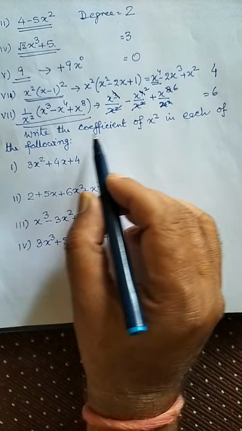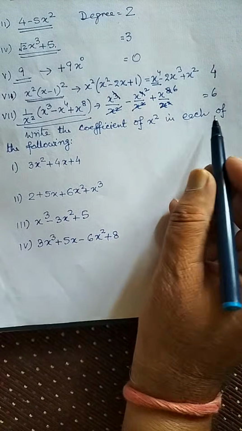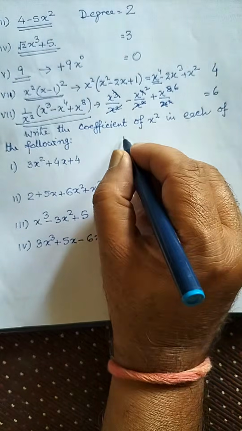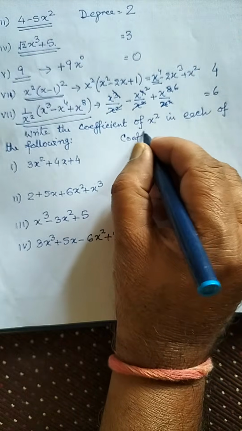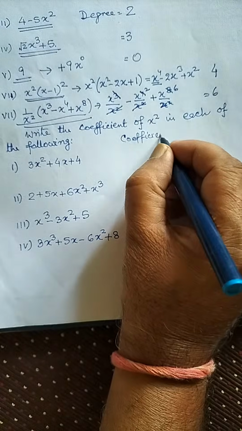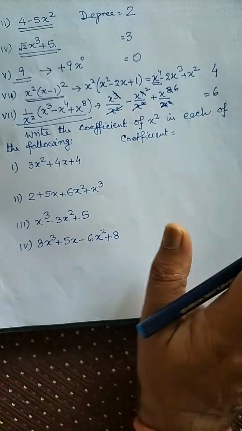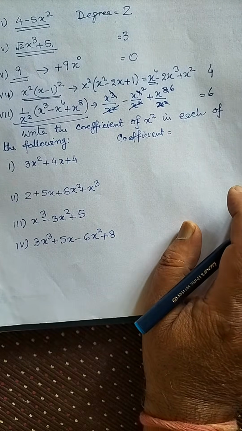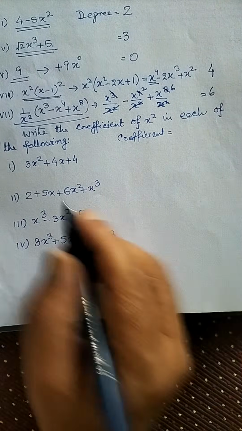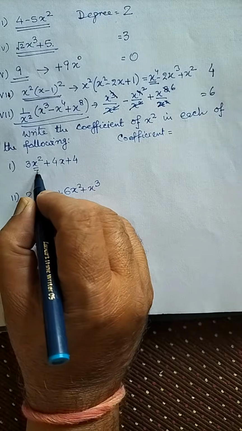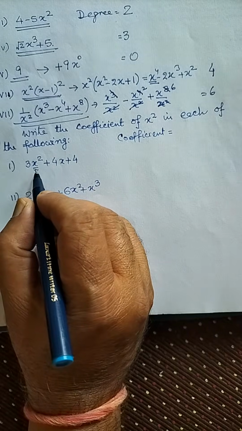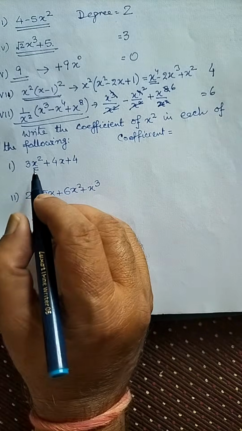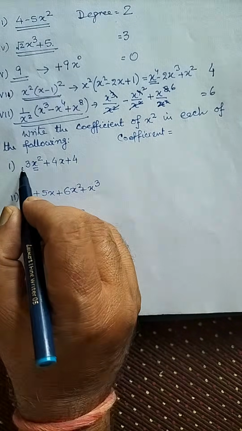Now write the coefficient of x square in each of the following. What do we mean by the coefficient? Coefficient is the numerical part associated with the variable. Okay, that is, if this is x square, and what is the number associated with it?